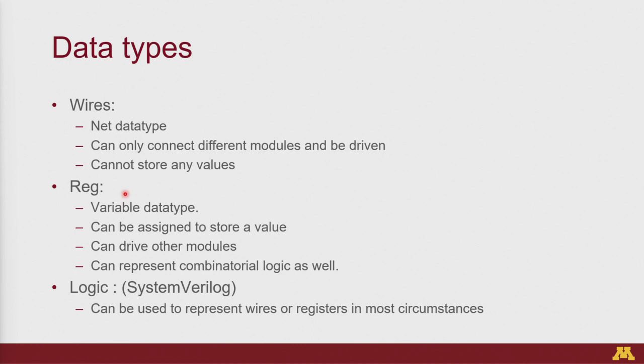The way you can think of it is that logic is your go-to declaration for almost anything in Verilog. Essentially, logic defines a variable as a 4-state value. A 4-state value has the values 0, 1, x and z, where x means an indeterminate condition, meaning the design cannot determine whether it's a 1 or a 0.